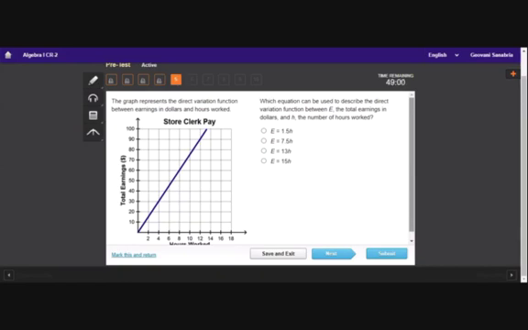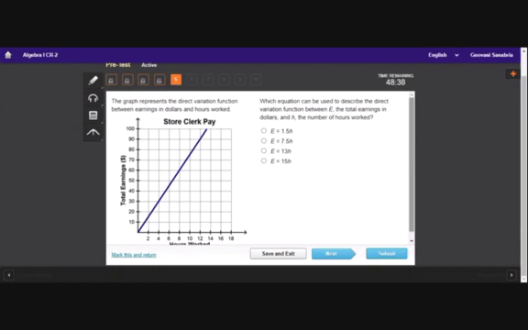Although the scale, you have to pay attention to it. It counts by tens on the total earnings, and it counts by twos on the hours. Oh, yeah, you're right. So let's say the 4, see the 4 on the bottom, hours worked.